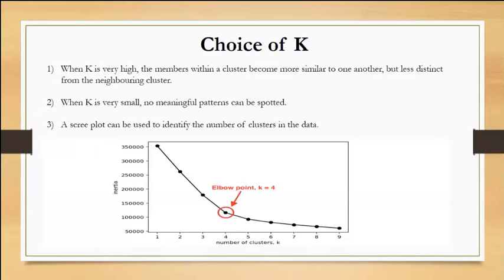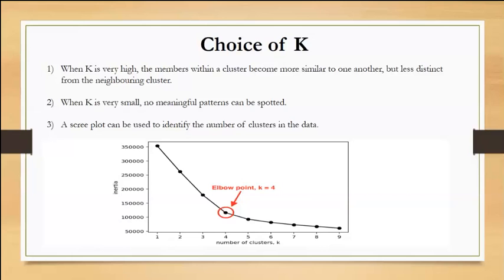Now, if we choose a very low value of k, no meaningful patterns can be spotted. So our value of k should be an ideal value between these two extremes. A scree plot is used to identify the number of optimal clusters.